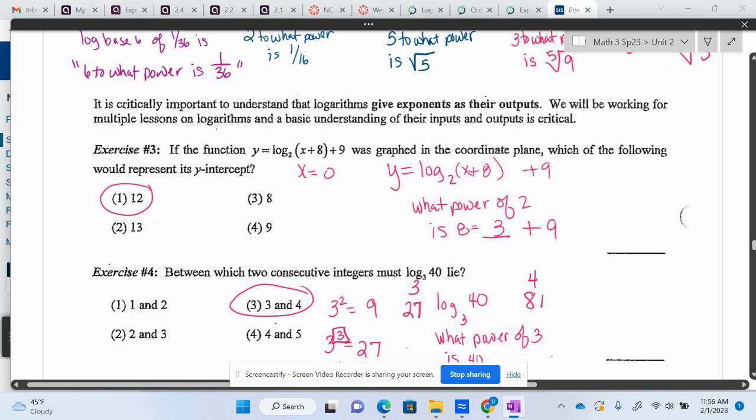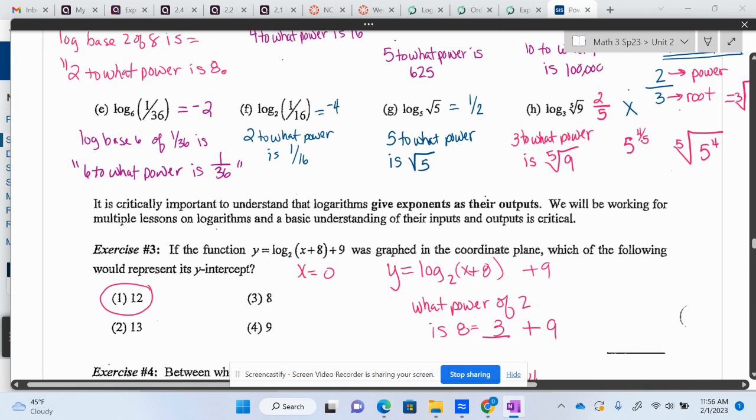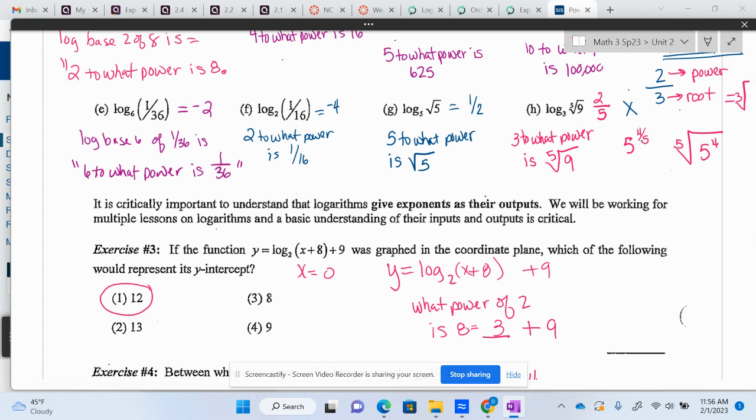If you look up at the top, we had a lot of log base 6 and log base 2. So the way to do those, just so you know, is in your math. Press your math button, and it's letter A, so scroll down to where it says log base.